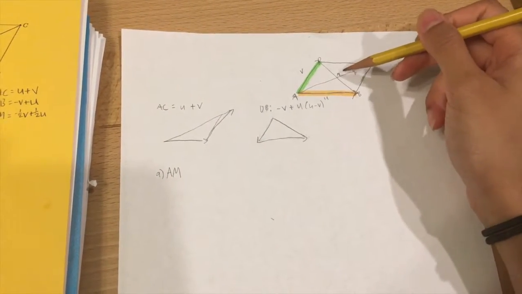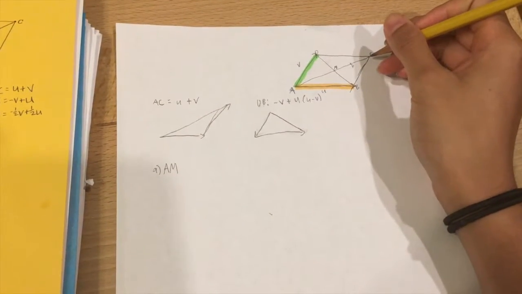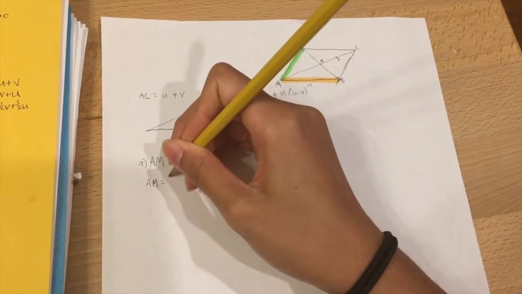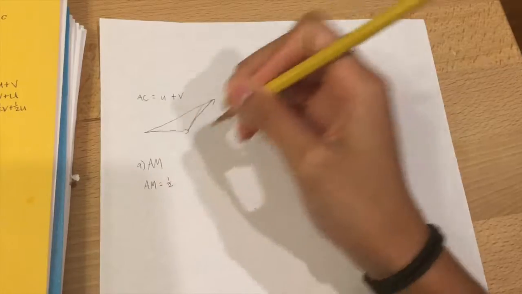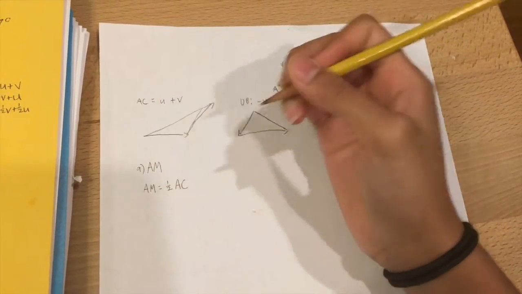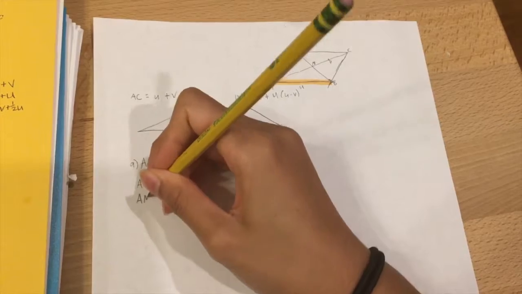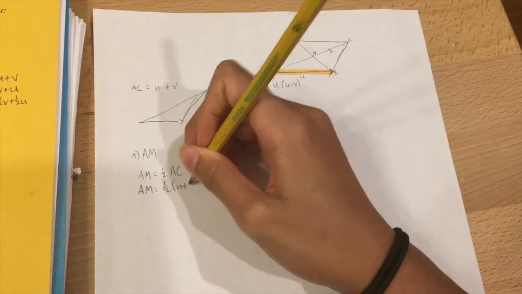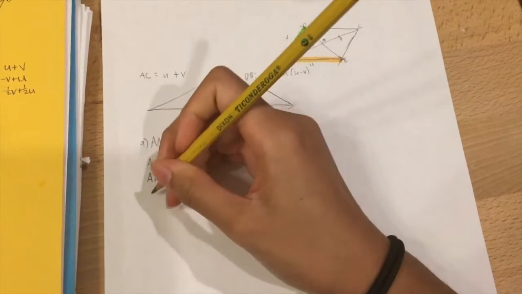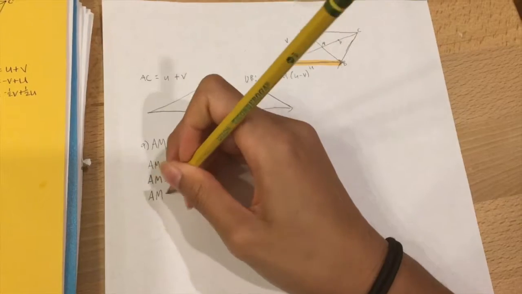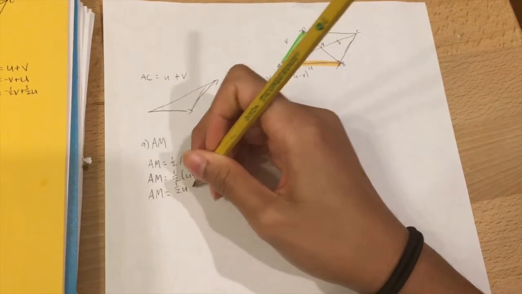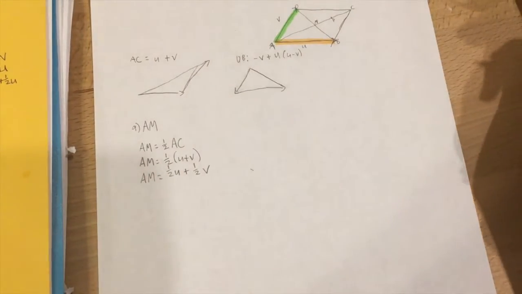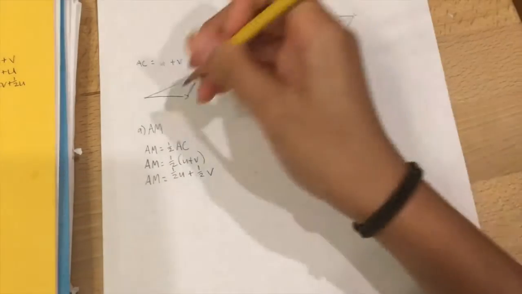From what we know of AC, we can just write AM equals 1/2 AC, and substitute AC with U plus V. So 1/2 (U plus V). You can leave it as that or expand it out even more: 1/2 U plus 1/2 V. Okay, so that's AM.